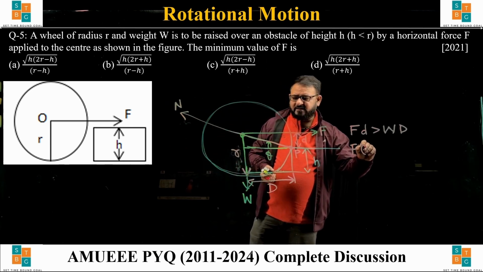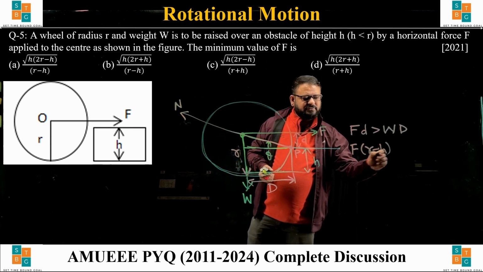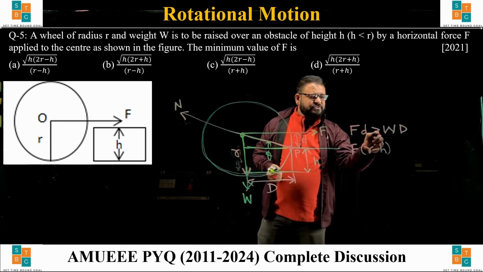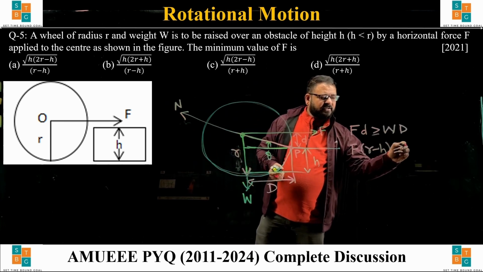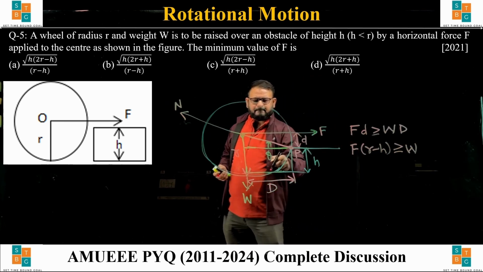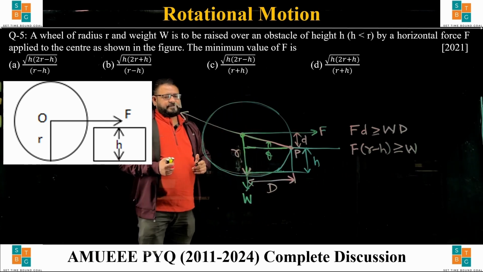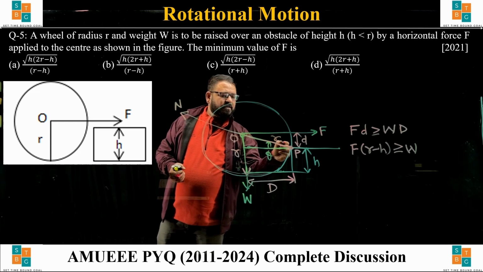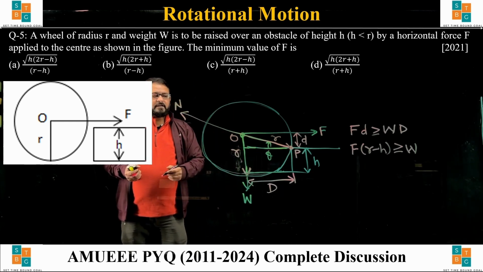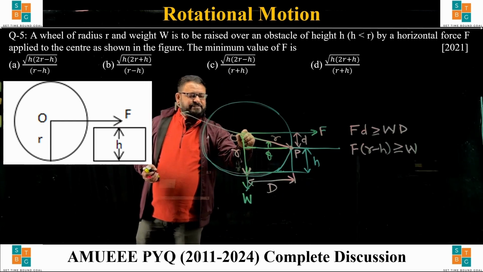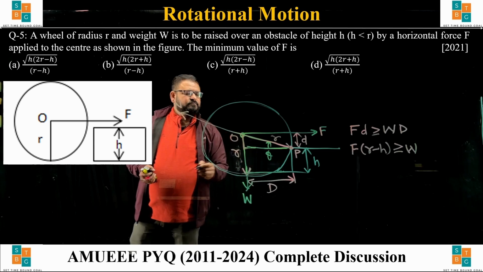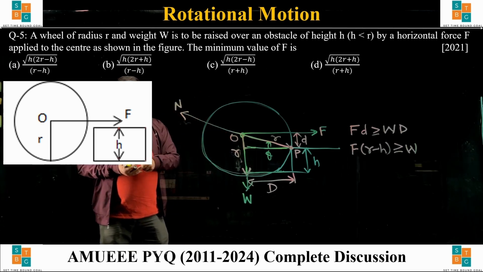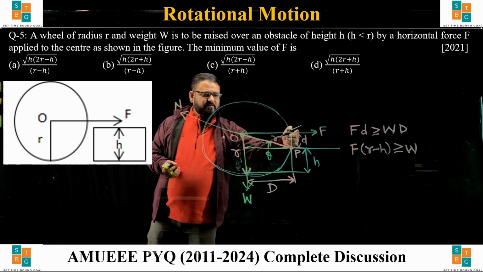It is R minus H. Now, this has to be just equal to or greater than W into D. How do we go about D? We know this distance OP is also R, and this d is R minus H.